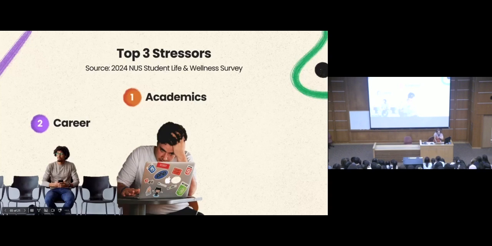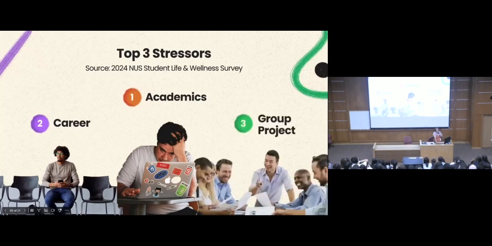What's the minimum? Should I already have started? And of course, group project. If you cannot have a good teammate in your group project, how? But these are very real things, and these are the top 3 things that you have already heard about just now. But definitely relationships, time management, financial strain, thinking about going overseas, exchange, relationship with your parents, housing issues, these are all things as well.